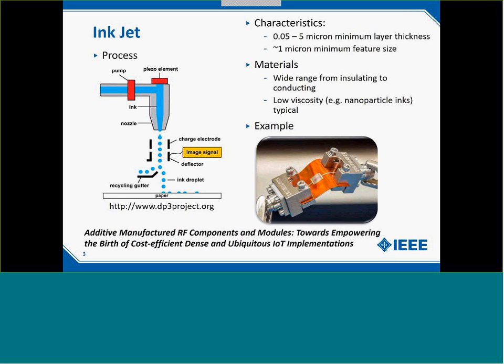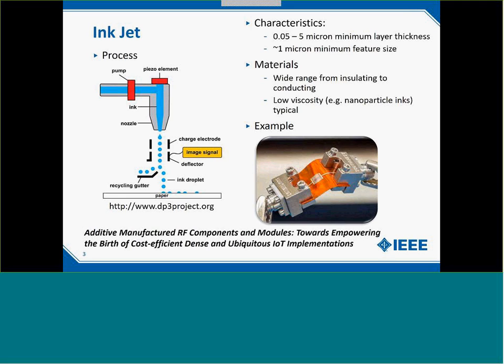So here, whereas micro-dispensing is a thick film process, it's helpful to think of inkjetting as a thin film process. And in this case, the drop volumes can be extremely small, such that it's possible to have layer thicknesses as small as 50 nanometers. And you can have very small feature sizes on the order of about a micron.